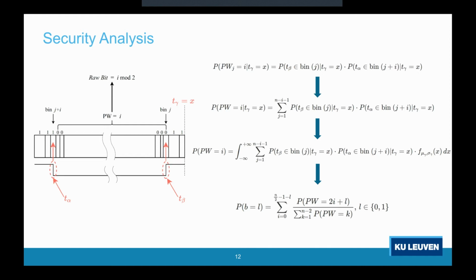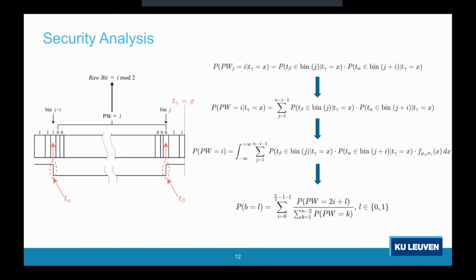So the number of bins with value 0 in the delay line is referred to as pulse width. This pulse width can have any value between 1 and n-2 bins, where n is the number of total bins in the TDC. So for odd pulse width values, this encoder will output 1, and for even it will output 0. Therefore, we need to calculate the probabilities of all possible values of the pulse width.